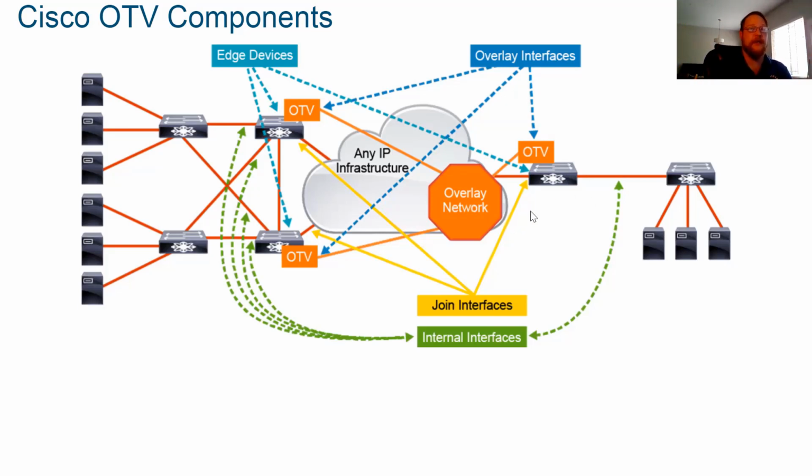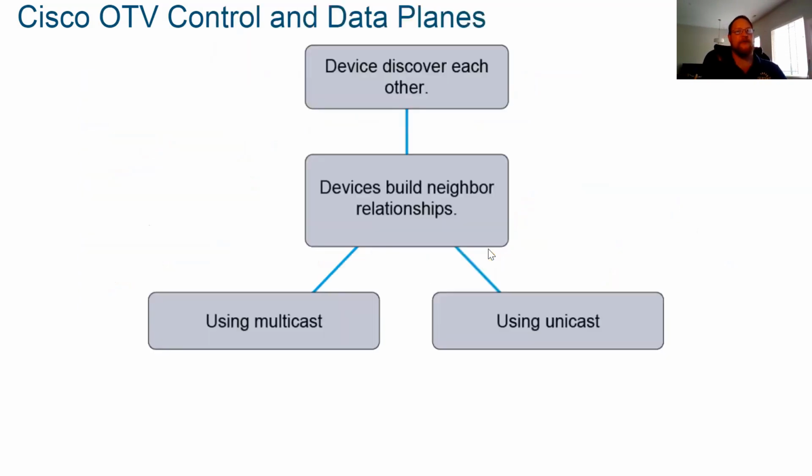The point is that they create an overlay network where we start sharing end node information and encapsulating from one location to another with that OTV encapsulation. Keep in mind that the overlay interface is like the physical interface, and the join interface is more of the logic behind it. So control plane and data plane.